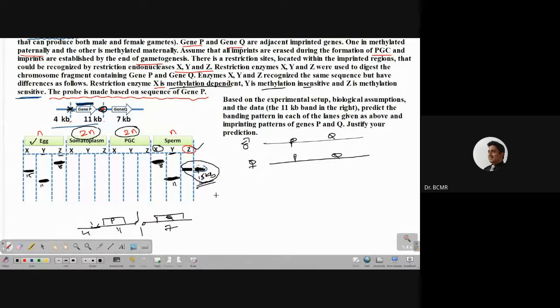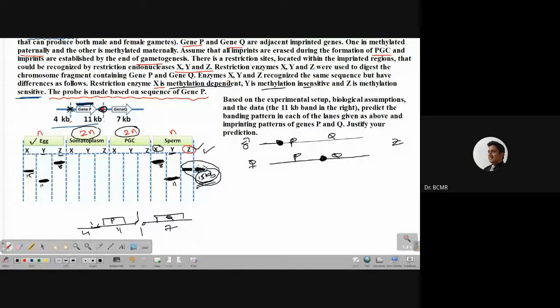So what we have determined from the given data is that Q is imprinted from the maternal allele, P is imprinted from the paternal allele. I hope that is correct. Yes? I'm showing these as darkened ones as the methylation.